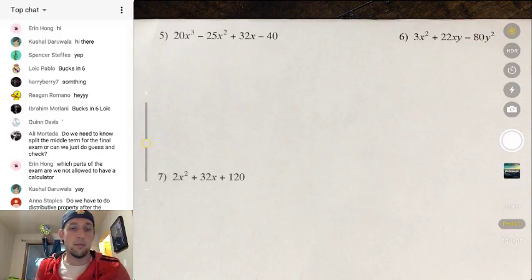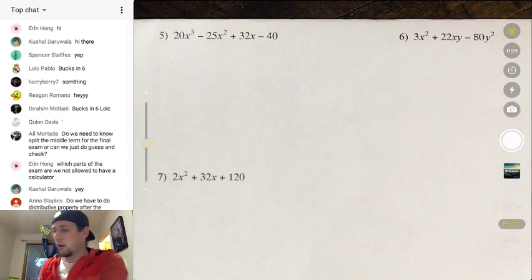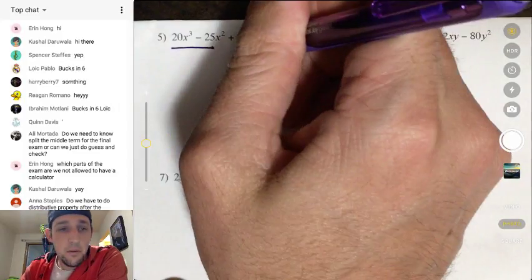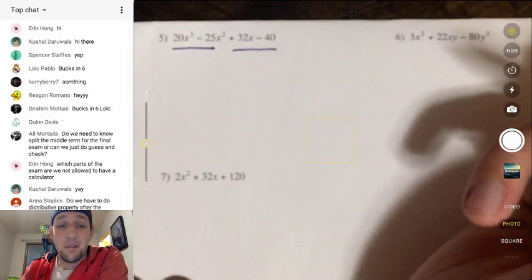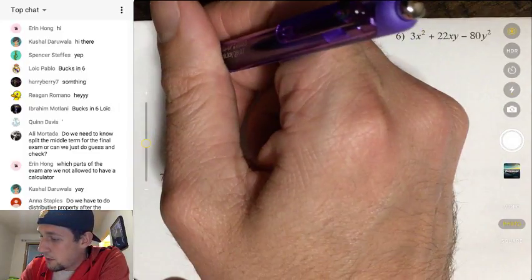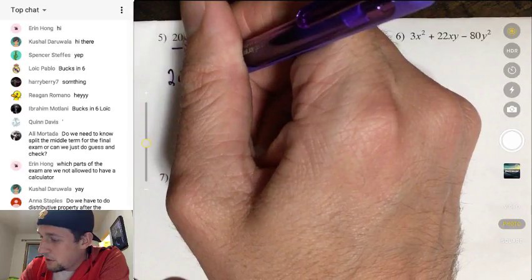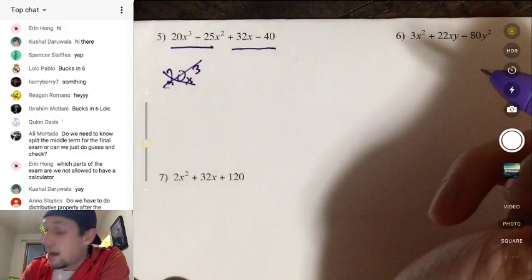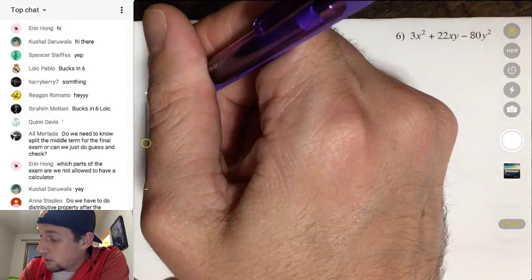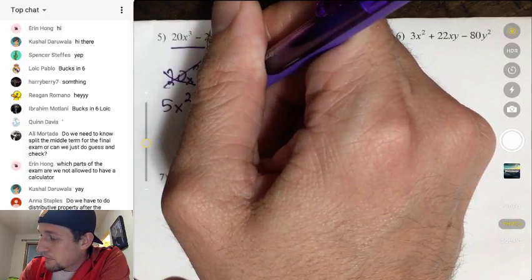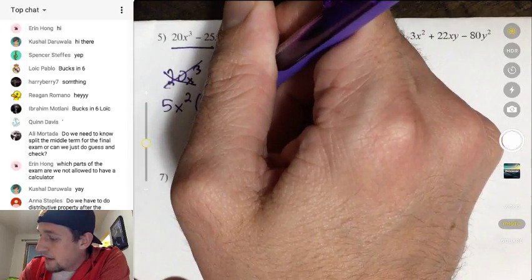Here's what we've got. We're just underlining the first two, underlining the second two, and taking out some GCFs. This is literally what we did during splitting the middle term. Take out a 5x squared from 20x cubed, and we'll have a 4x left and a minus 5.